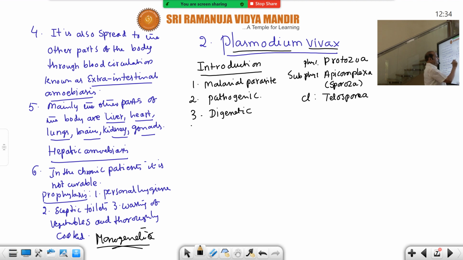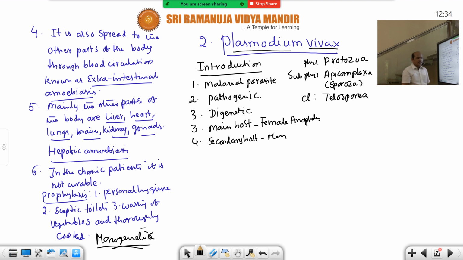The main host is the female Anopheles mosquito; carefully write this down. The primary host or main host is that one, and the secondary host is man. That's why it is a digenetic parasite.